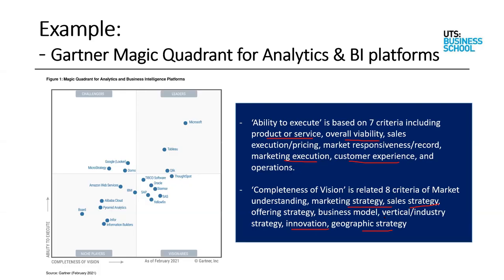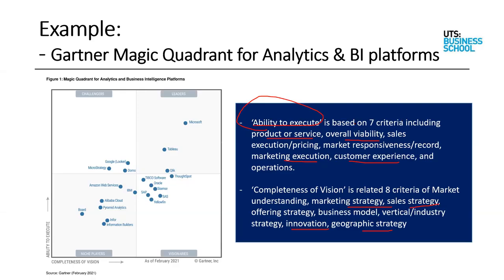Now that was more than 2 attributes. So it's very difficult to plot more than 2 attributes on the same graph. It becomes really complicated. So this is a more complex type of perceptual map where they reduced all these dimensions to just 2 attributes, and they are the ability to execute.